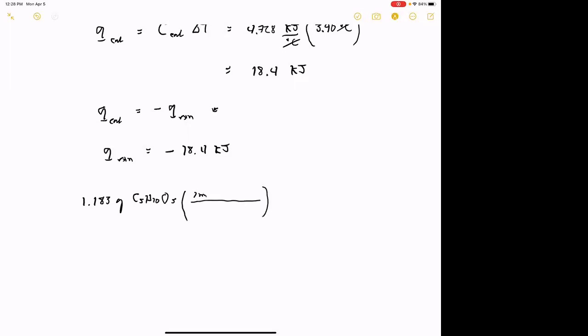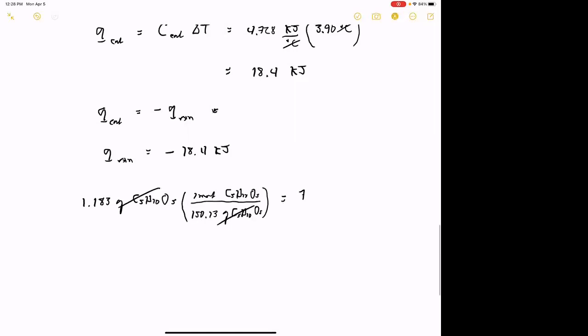Okay, so we know that 1 mole of C5H10O5 corresponds to 150.13 grams of it. So grams of xylose cancel with grams of xylose, leaving me with moles of xylose.